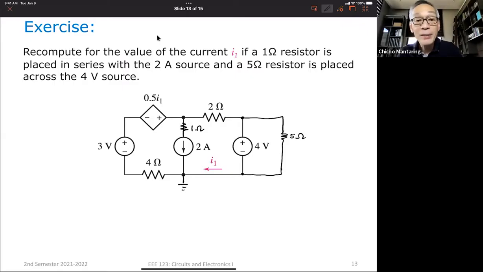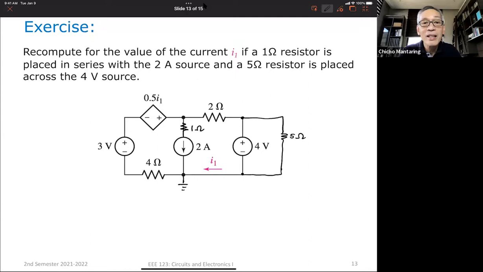Can someone do that? Any volunteer? Anyone? Sino yung nakakuha kanina ng answer correctly?